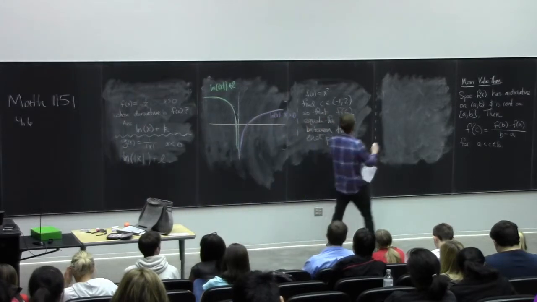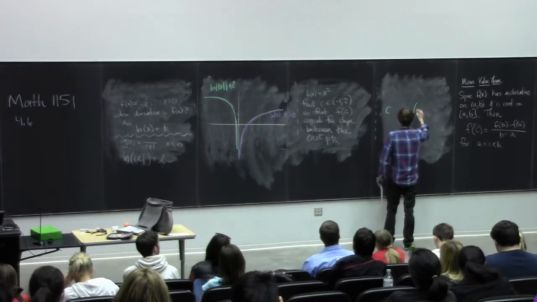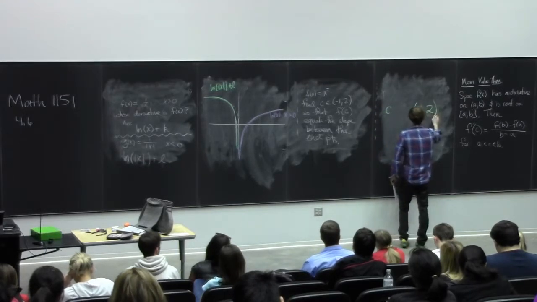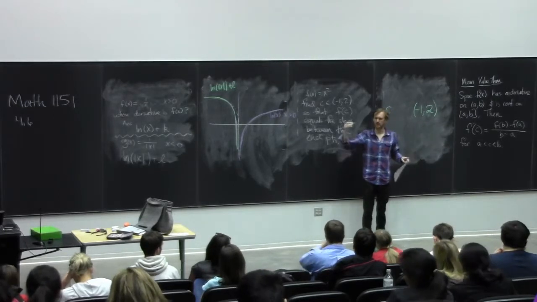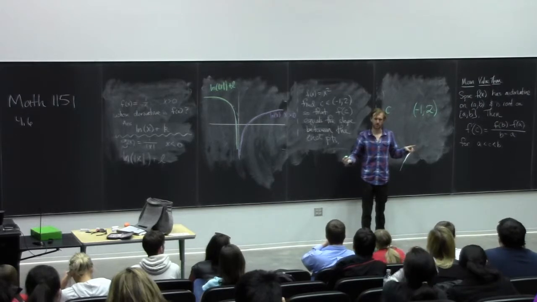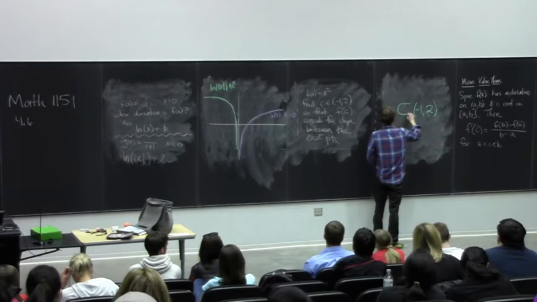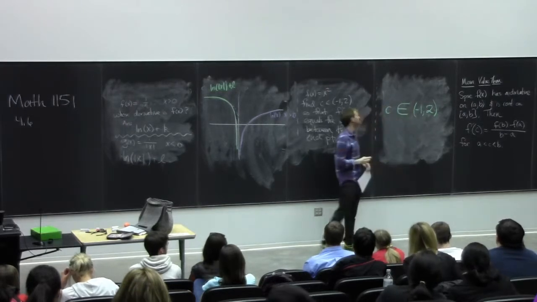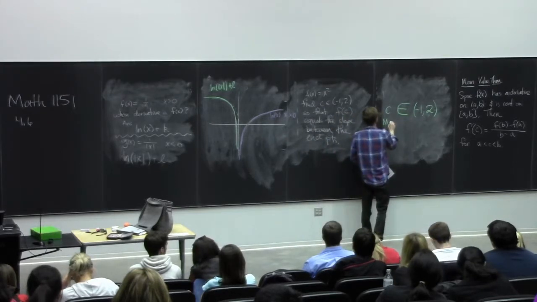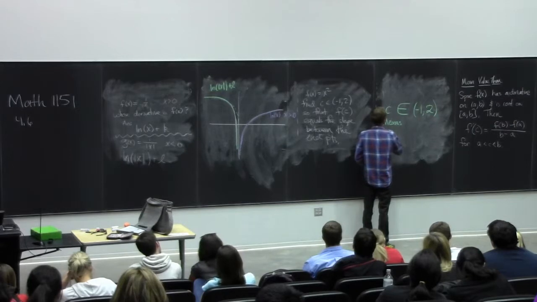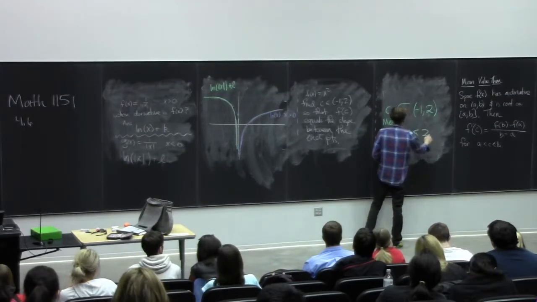Okay, so c is a number, right? And -1, 2 is the interval, right? Between -1 and 2, not counting -1, not counting 2. And this symbol here means -1 less than c less than 2.